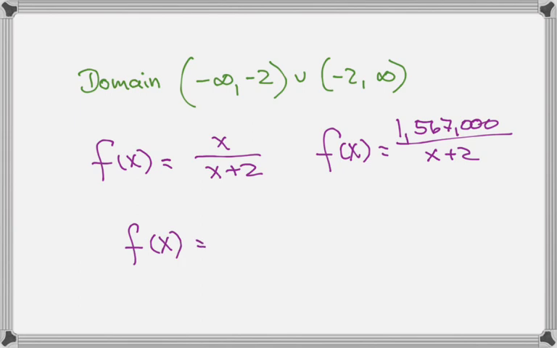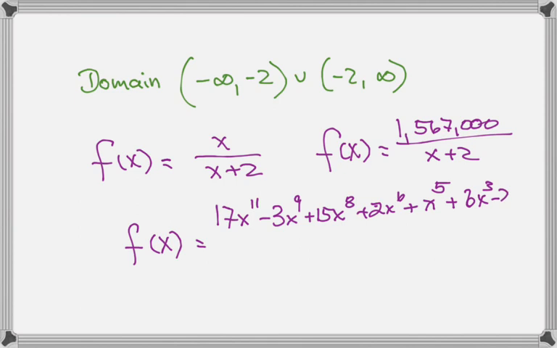F of x equals 17x to the 11 minus 3x to the 9 plus 15x to the 8th plus 2x to the 6th plus x to the 5th plus 6x to the 3rd minus 2x squared minus x plus 1 over x plus 2. They all have the same domain. It doesn't matter what is in the numerator as long as you have an x plus 2 in the denominator.